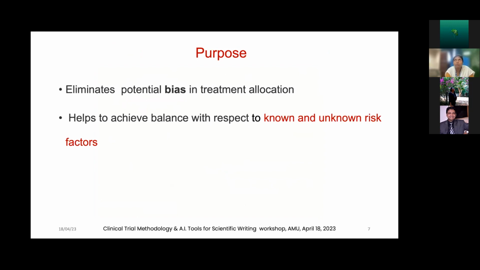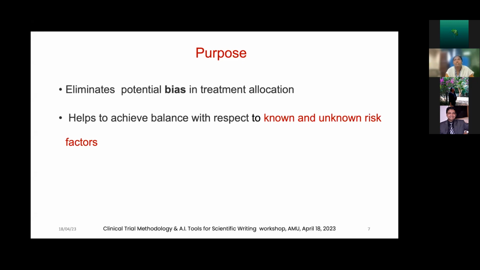Many a time you know the prognostic factor. For example, for a trial that has mortality as the endpoint, you already know age is definitely going to play a role. When you have more elderly patients in one group, mortality will definitely be more likely in that particular group.